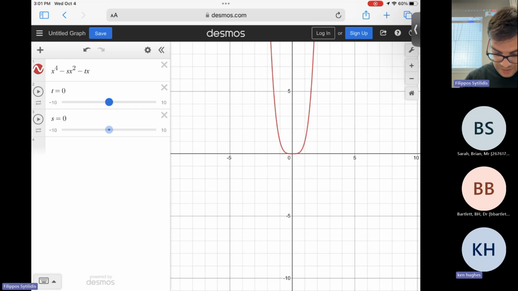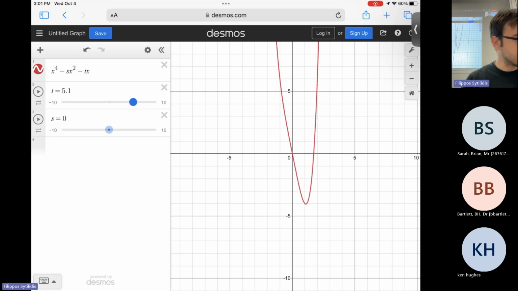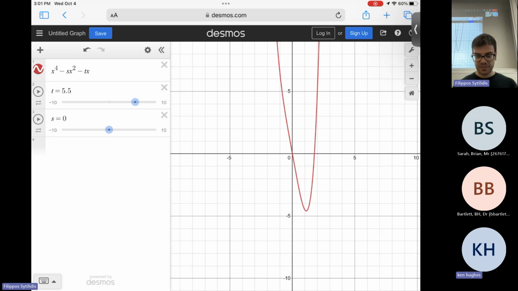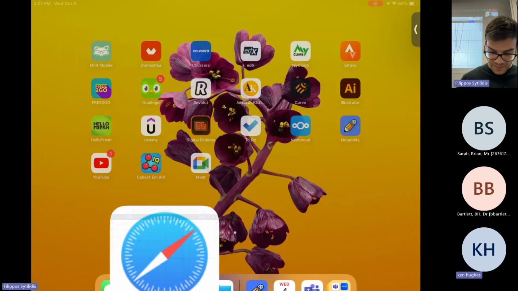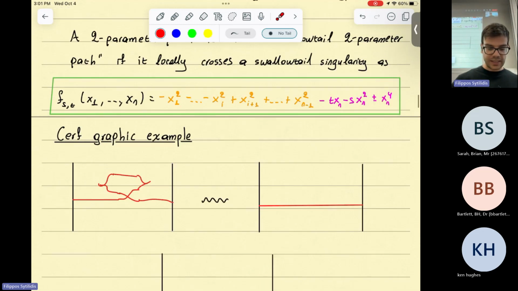So you have the swallowtail, as you're pinching the swallowtail side. Exactly, precisely. And yeah, that was the demo, but hopefully it makes it a little bit more familiar what these things look like in practice.